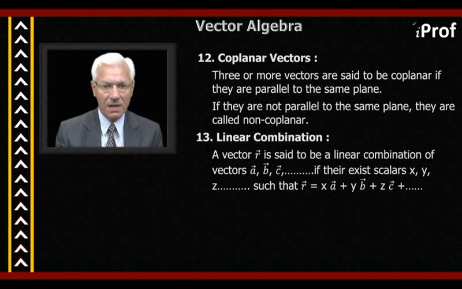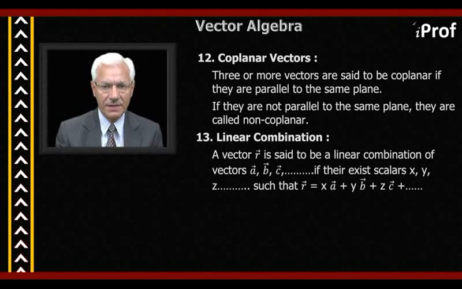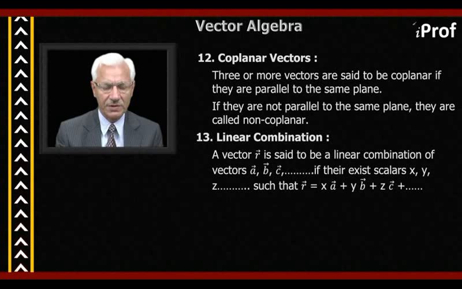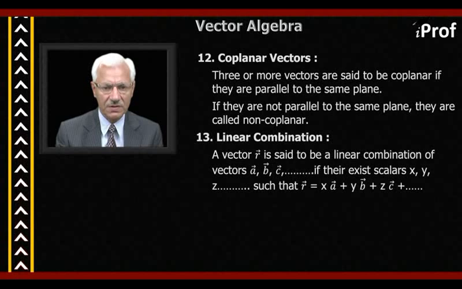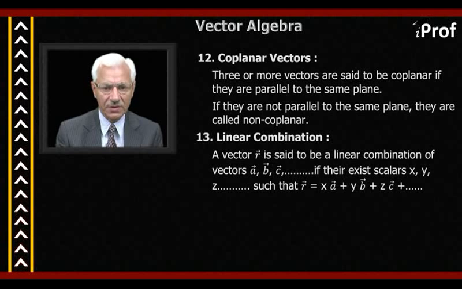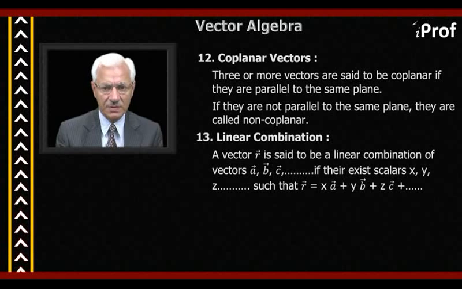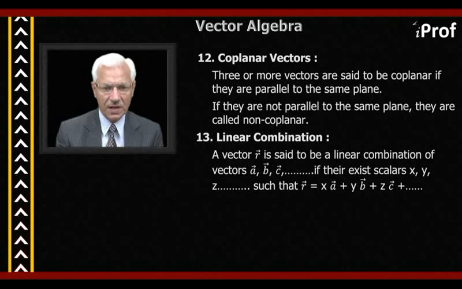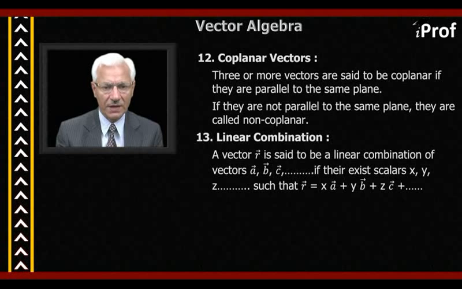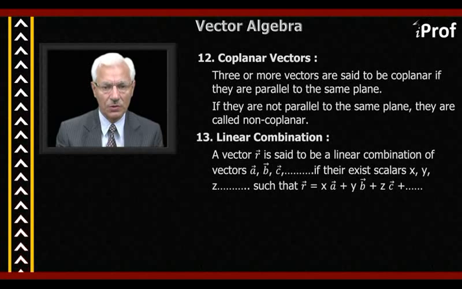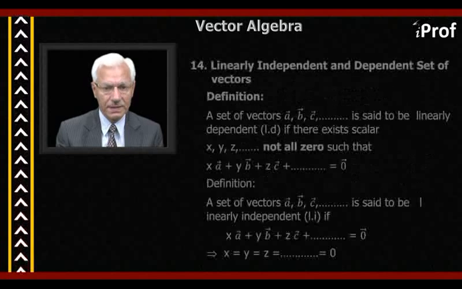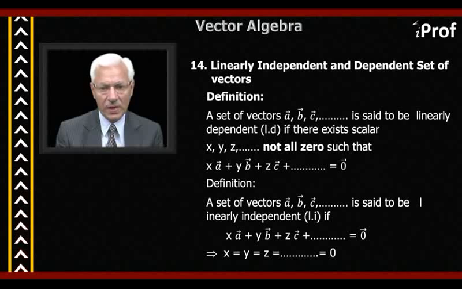A vector R is said to be a linear combination of the vectors A, B, C, and so on, if there exist scalars x, y, z, and so on, such that R is equal to xA plus yB plus zC plus so on.